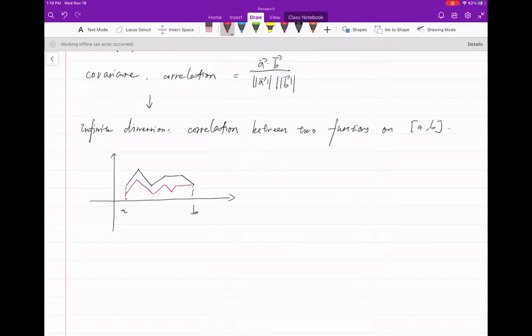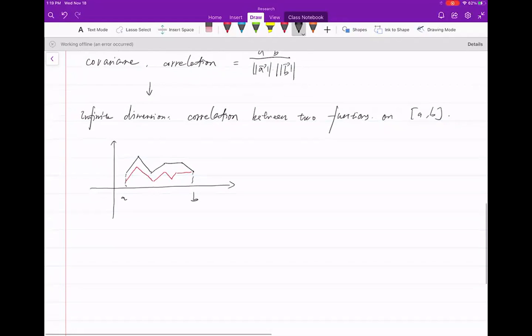That means if I rise, do you rise? If I drop, do you drop? If everything matches perfectly, we have a perfect correlation, which is 1. And we may have a perfect negative correlation. Wherever you go up, I go down. That will be a correlation of -1. Or maybe we're just totally independent of each other. Good so far?